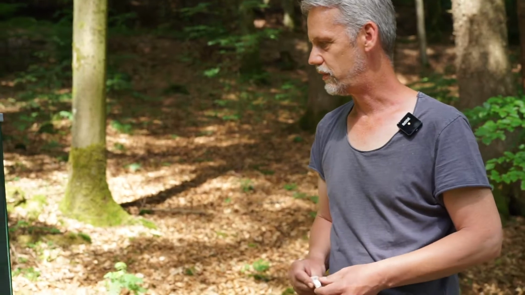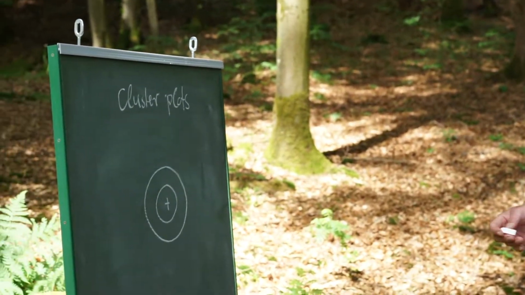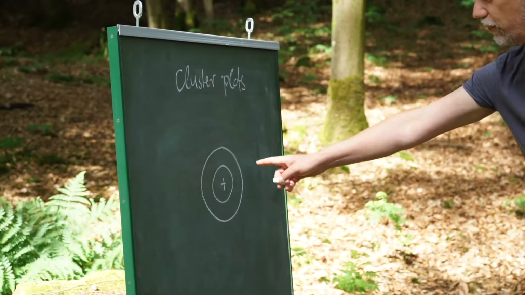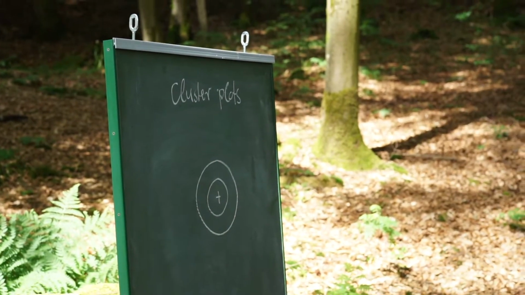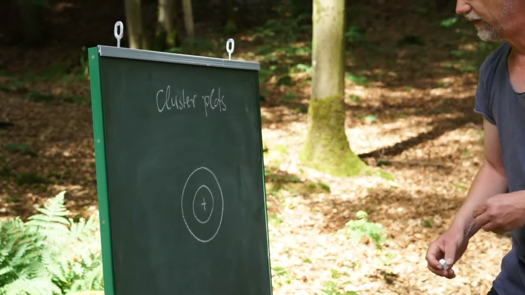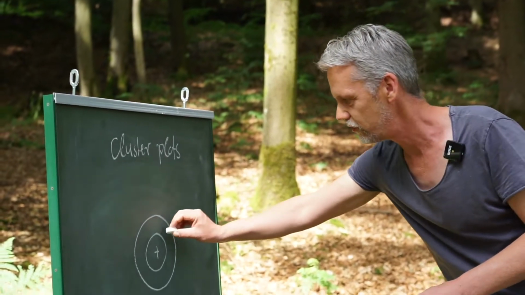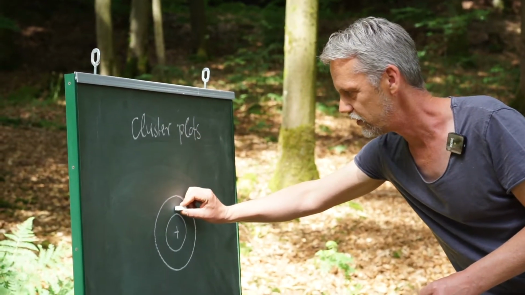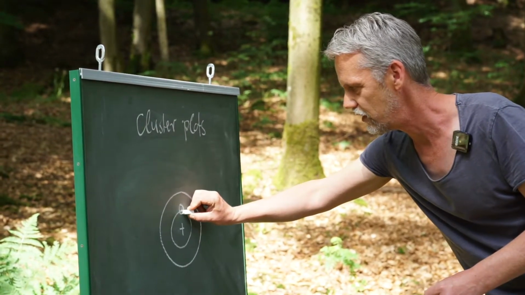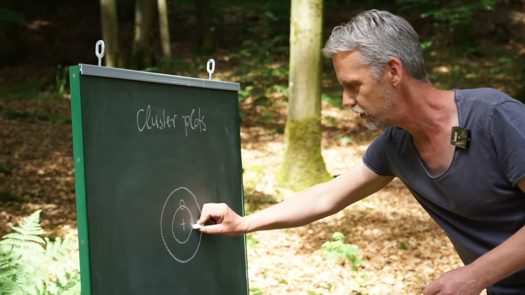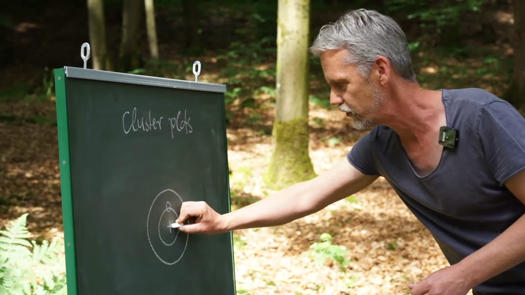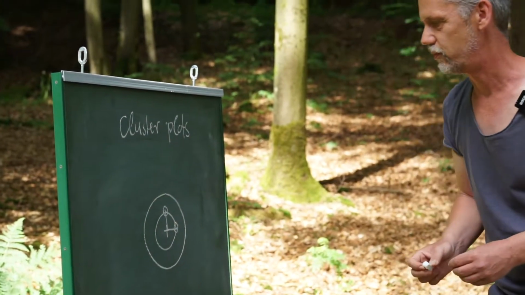If you look on the board here, I have drawn a typical nested sample plot that we would use to assess the standing trees. If we assess the forest regeneration in tiny plots, we usually combine this plot design with a cluster plot design where we have multiple small regeneration plots where we make our assessments.